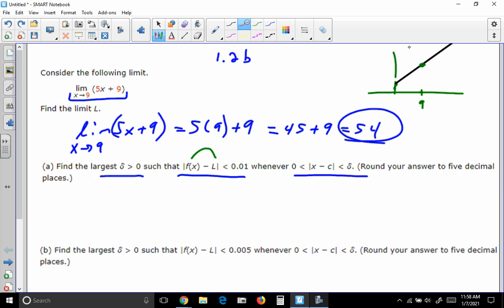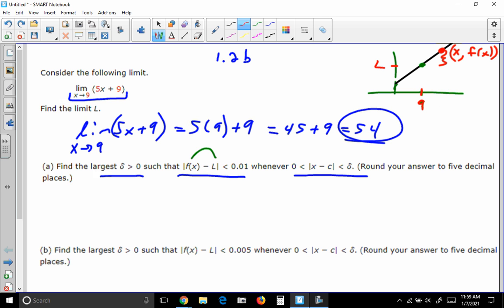If we pick a point a little bit to the right, that point has a particular x value and it has an f of x or a y value. So f of x minus L, that's the difference from the y value to the limit. The limit is the y value that we're approaching as our x gets closer and closer to an x value of 9.